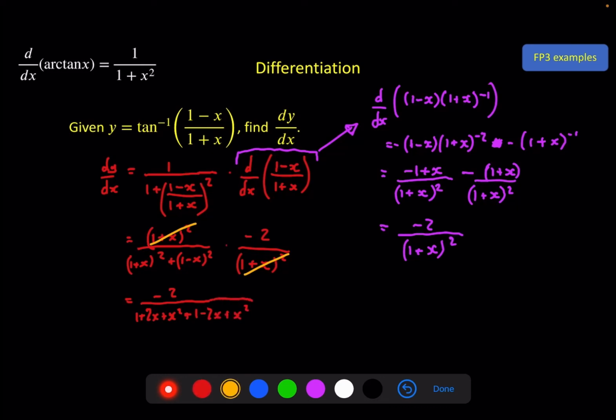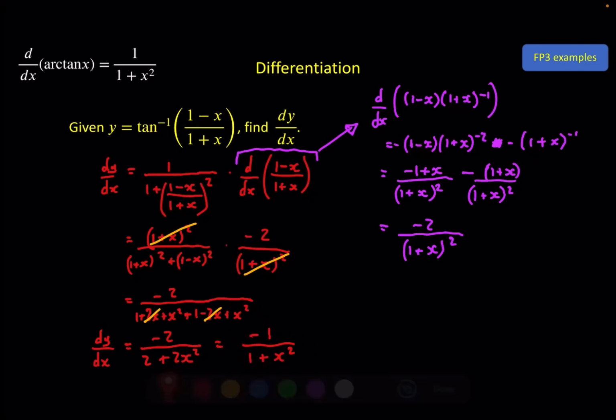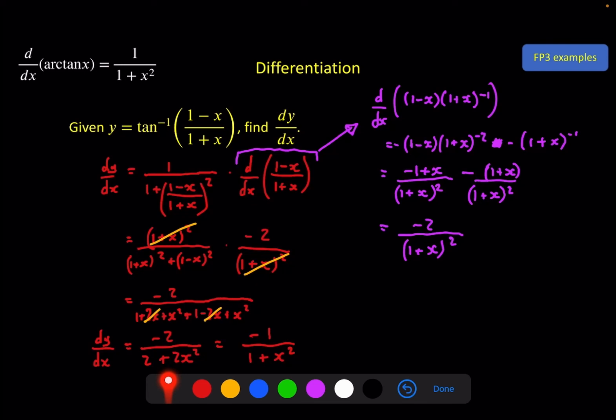And that will also cancel a little bit, which gives us minus 2 over 2 plus 2x, and the final little bit of cancelling to give me minus 1 over 1 plus x, sorry, that should be squared, which is a surprisingly nice result given how it looked when I got to about here. It's come down and cancelled quite nicely. So that is the derivative of this.